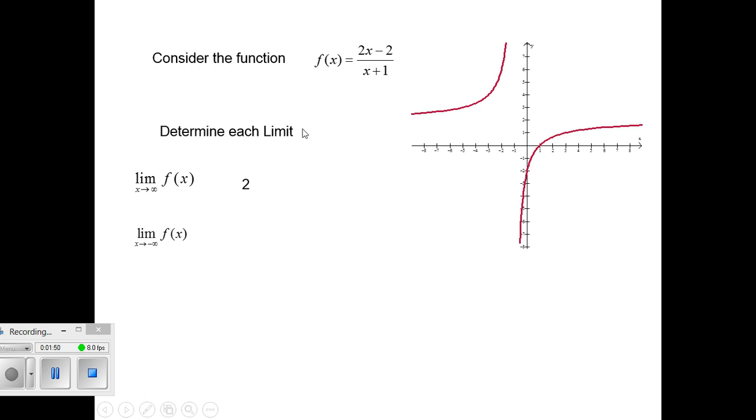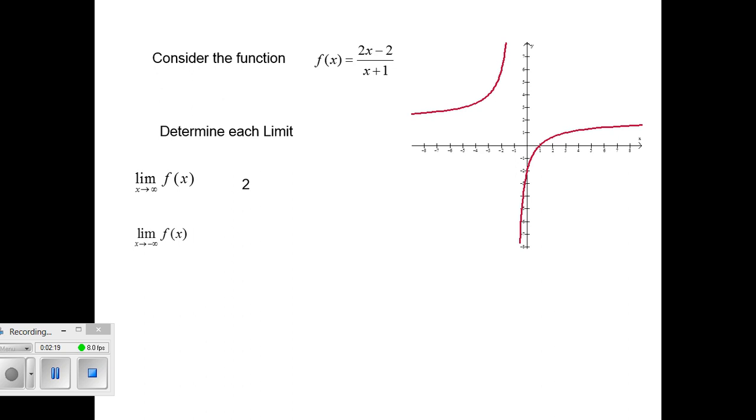Well, again, limits going towards infinity or negative infinity are asking the end behavior of the function, regardless of the function.